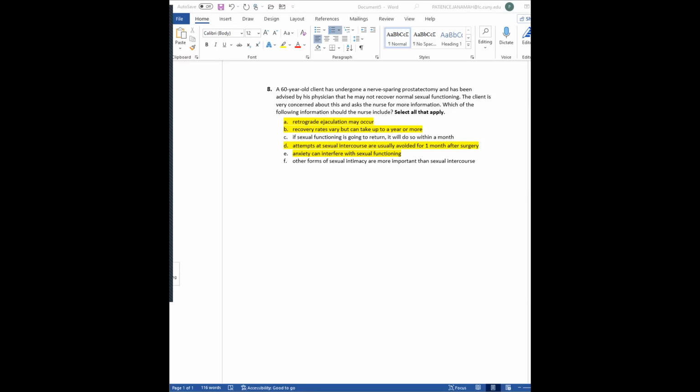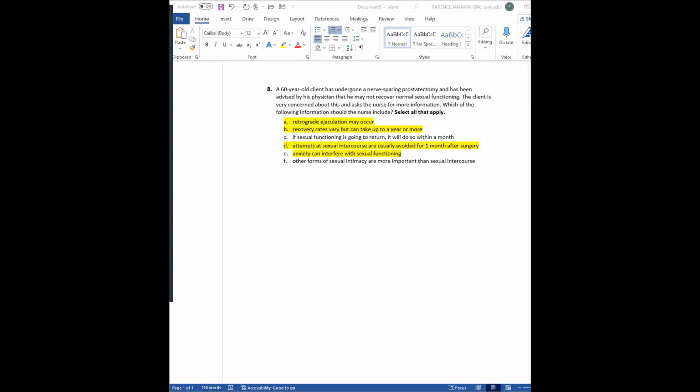Before that, I'm just going to chip in some medication antidotes for you. If you don't have a book, you can write this down. Magnesium sulfate: we give magnesium sulfate when a patient has preeclampsia and seizures.